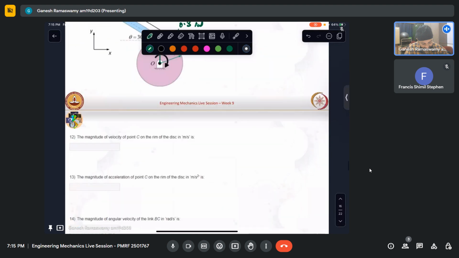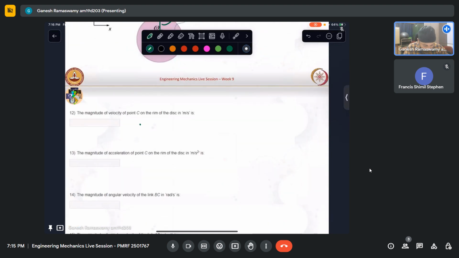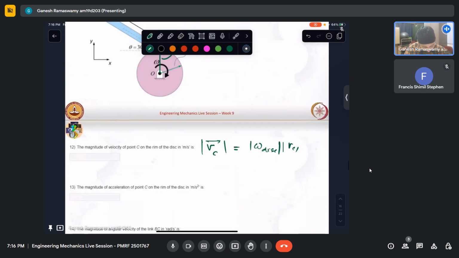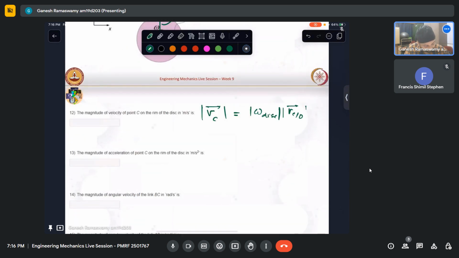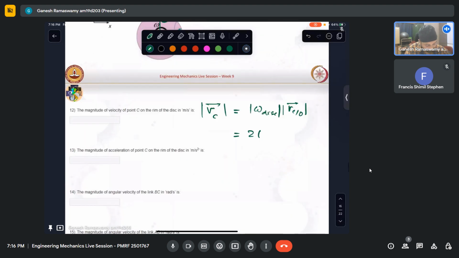So naturally we can calculate the magnitude of velocity of C. Velocity of C magnitude is nothing but magnitude of omega of the disk into r of C with respect to its center O, which is nothing but 2 into 0.3, which comes out to be 0.6 meters per second.